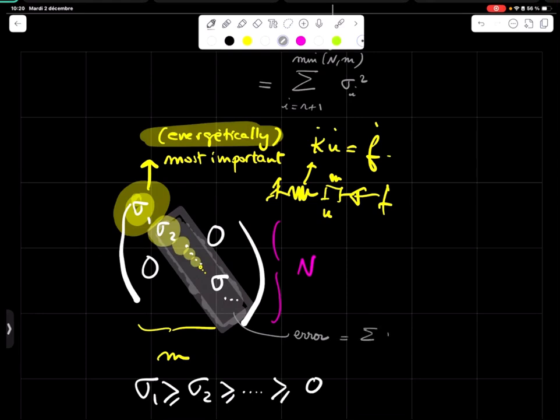So the sum of sigma_i squared from i equals 2 to whatever. Okay, the final one. What does that mean? Well, it's super nice because it means that you know in advance what error you're making. And there's nothing cooler in simulations than knowing in advance what error you're making, because you can exactly know what's going on. And that I think is pretty useful. Okay, so that's for that.